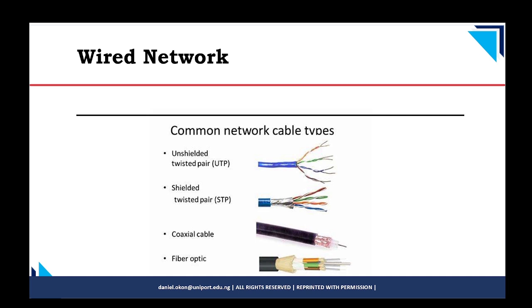Maybe from the main server room, they will run fiber optic cable, dig the ground till they get to ICTC and connect it to the main internet source over there. So those are the different types of network cables that we have available.